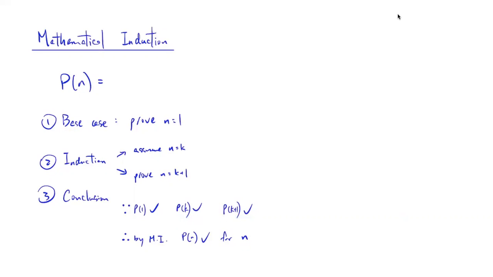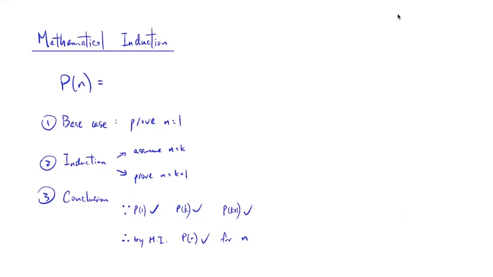Therefore, by mathematical induction, Pn is true for all n values which belong to a constraint given by the question, and that depends on different types of mathematical induction questions.